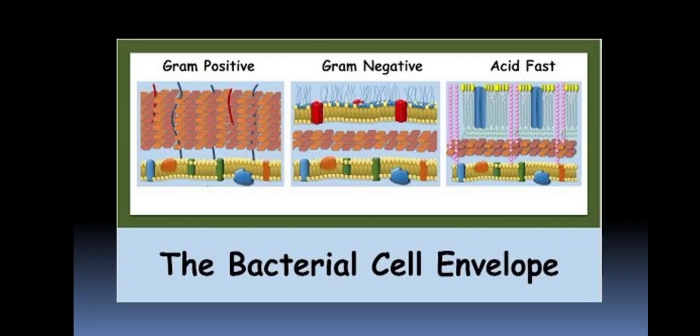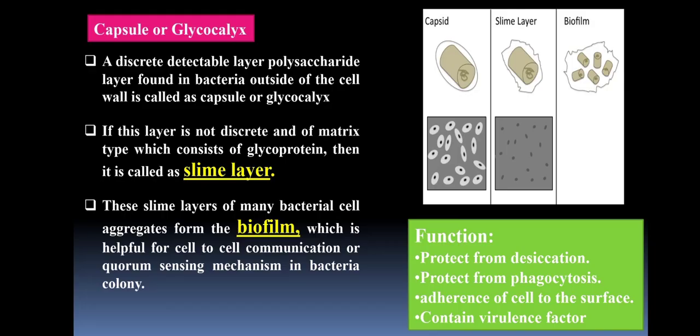So let's discuss the capsule or glycocalyx. A discrete, detachable layer of polysaccharide that is found outside the cell wall of the bacteria is called glycocalyx or capsule. It is a rigid structure and discrete in nature.